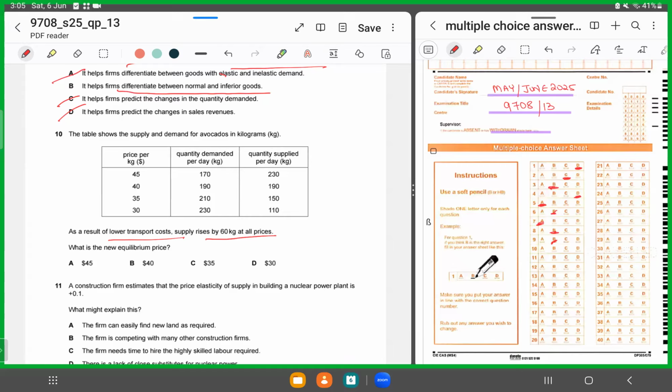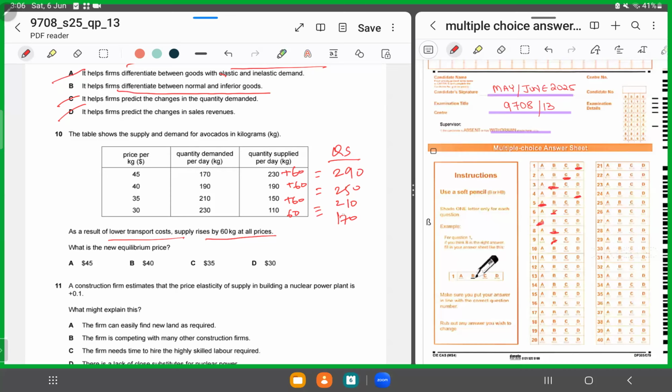So you can add 60 to each quantity supplied to arrive at the new quantity. Once you add in the figures, you'll get 290 over here, 250 over here, 210 when the price is 35, and you'll get 170 as the new quantity supplied after adding 60 kgs.